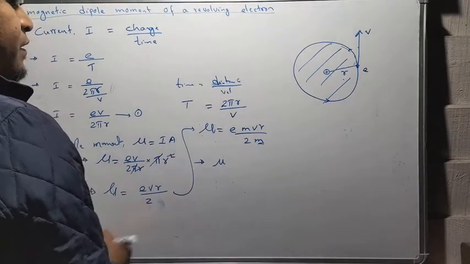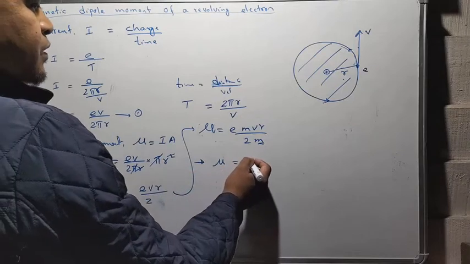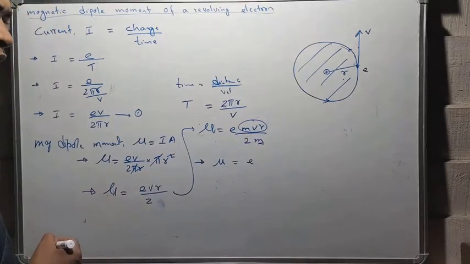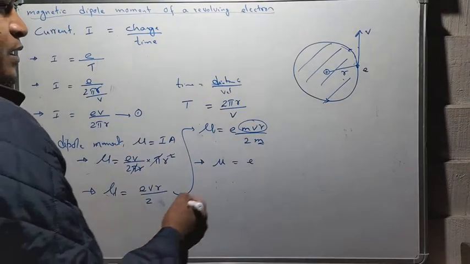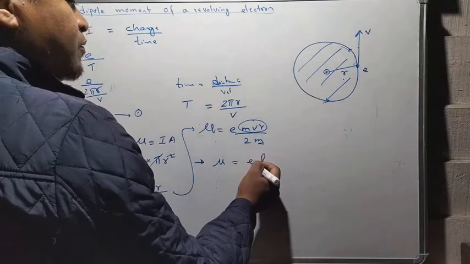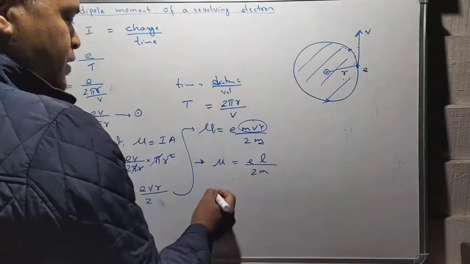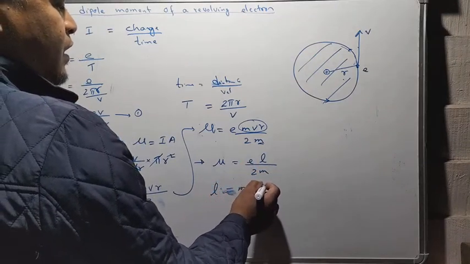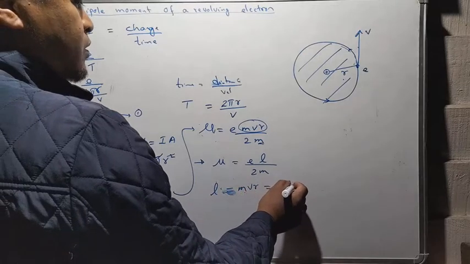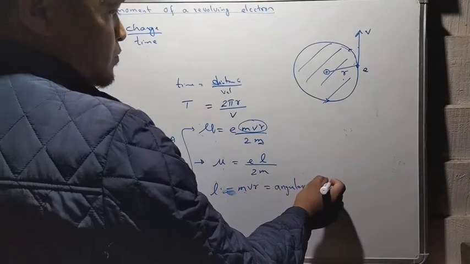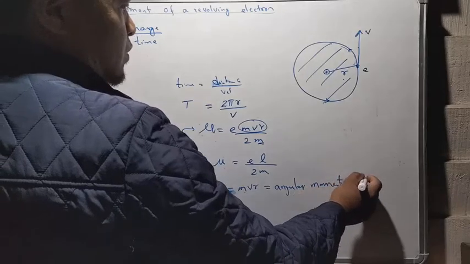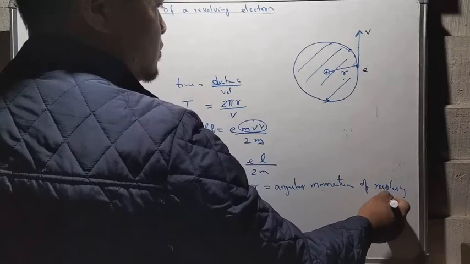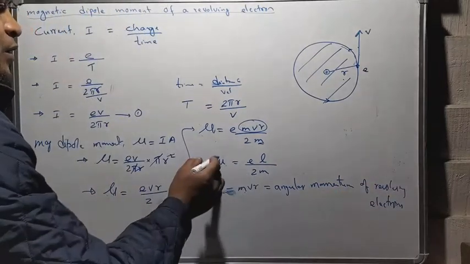This magnetic dipole moment mu is equal to e upon 2m times mvr. Now what is this mvr? In class 11 we have learnt about it. This mvr is known as the angular momentum, where L is equal to mvr, the angular momentum of the revolving electron.